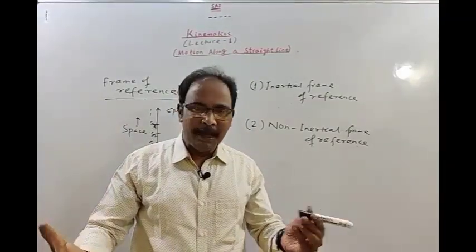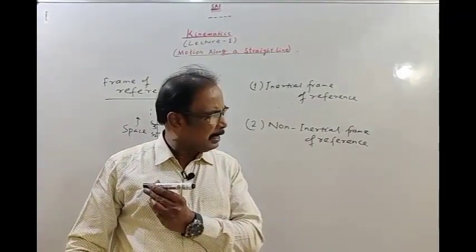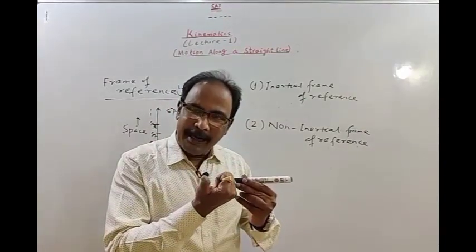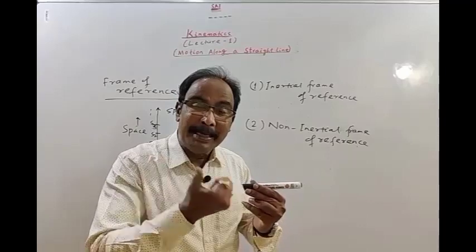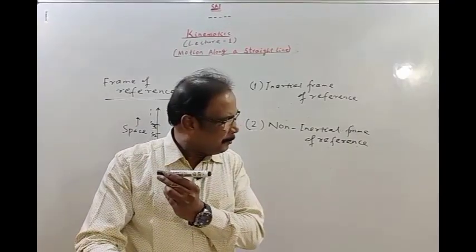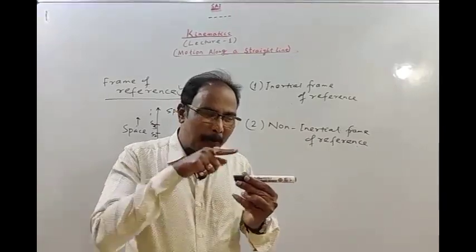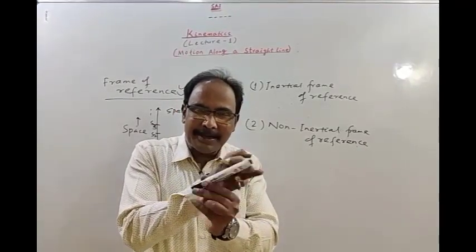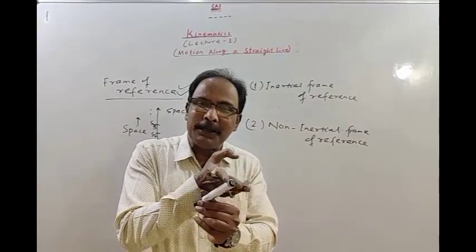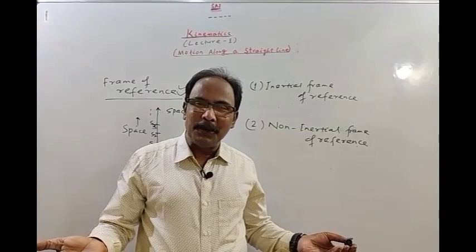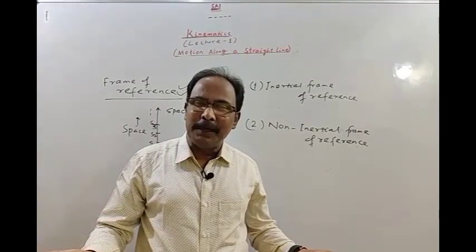Suppose the frame of reference is moving towards east and a force is applied on it along north, means at an angle of 90 degrees. If a body moves along east and force is applied towards north, then its speed will not change, but its direction will change. So the direction of motion will change, means the direction of velocity will change.